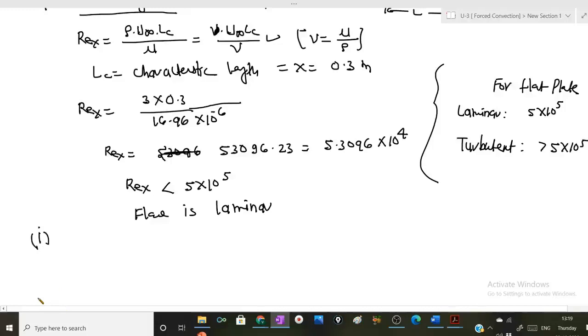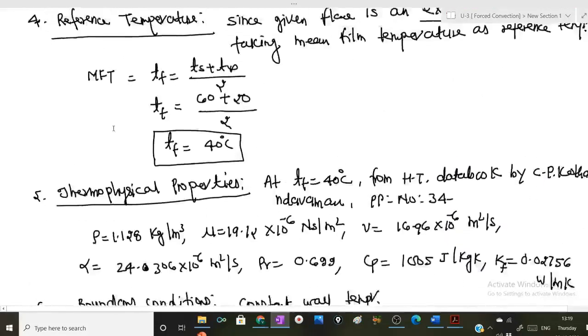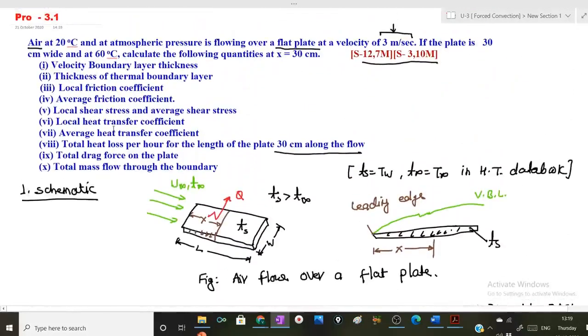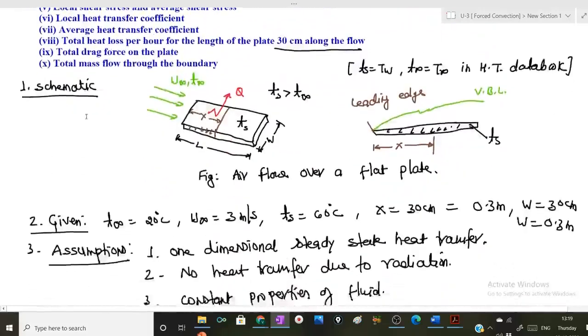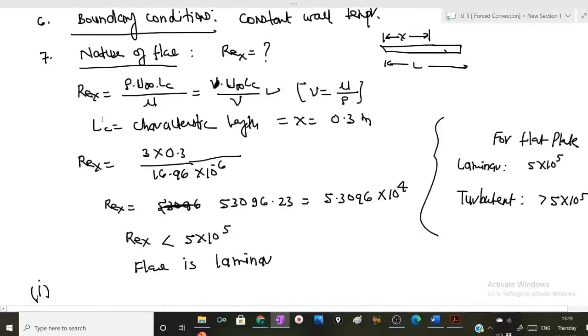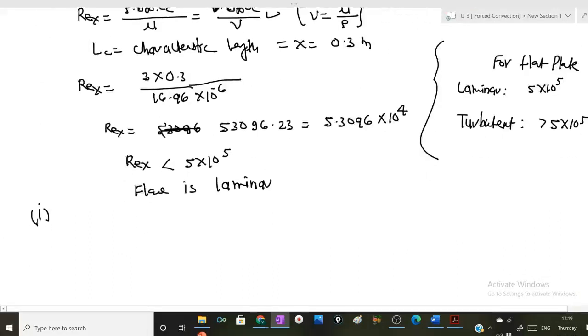So what is the very first thing you are supposed to calculate? Velocity boundary layer thickness. Now refer to page number 112 of your data book.